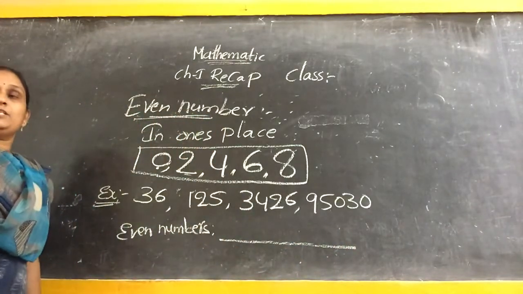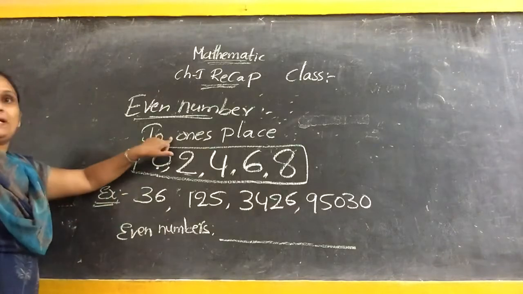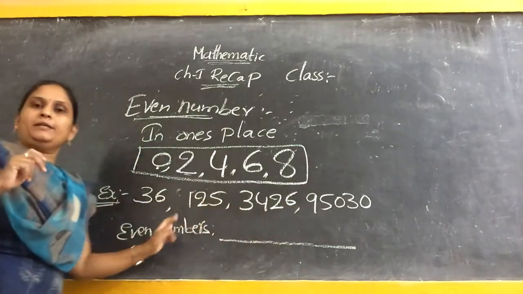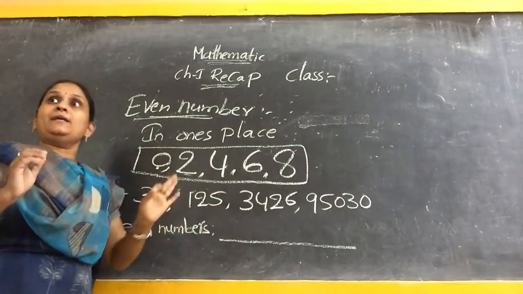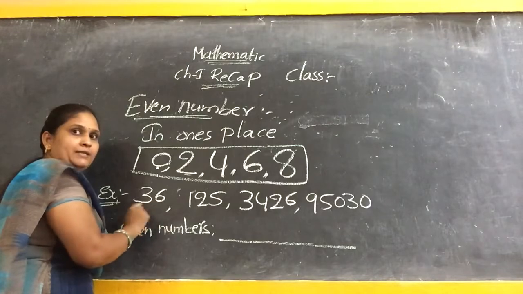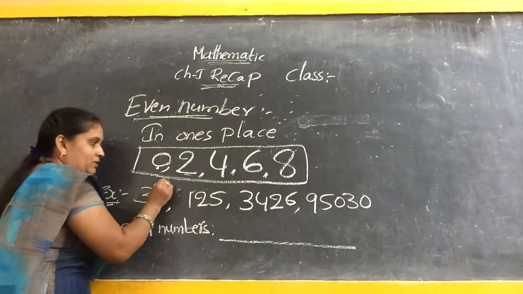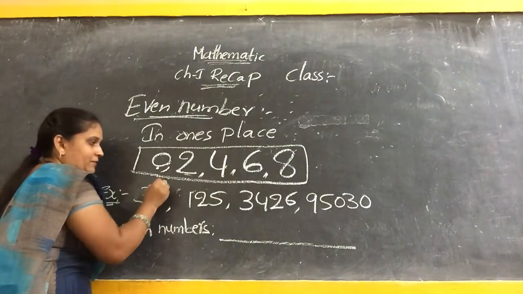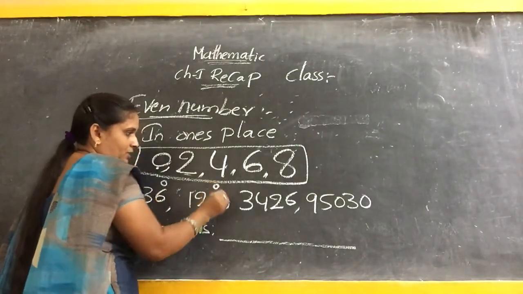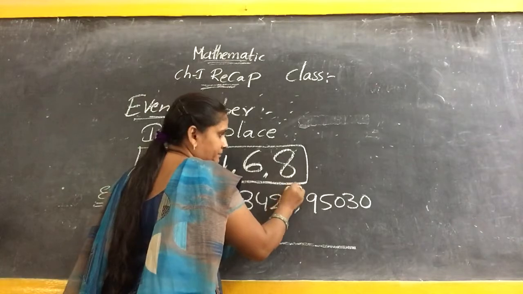Look at the board. What did I say, which place value do we check, children? Ones place, no? So on the given numbers, write the ones place value. In 36, which number is there in ones place? 6 is there.